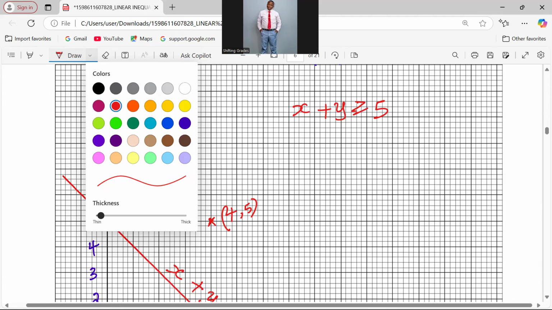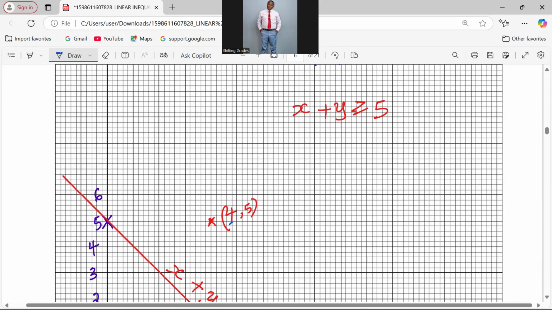If we substitute x with 4 and y with 5, it will be 4 plus 5. The other side of the inequality has 5. When we take 4 plus 5, I'm getting 9, and what we have here is 5.